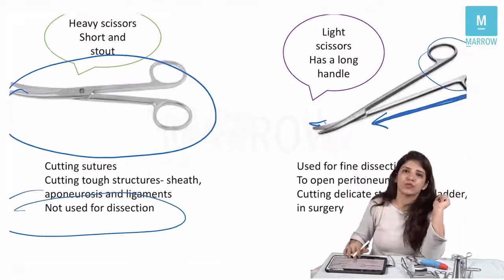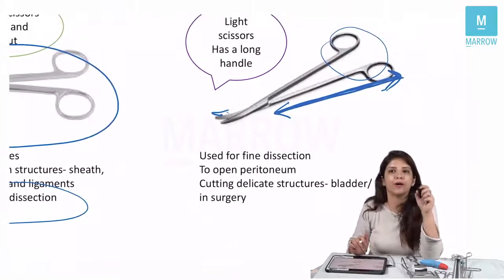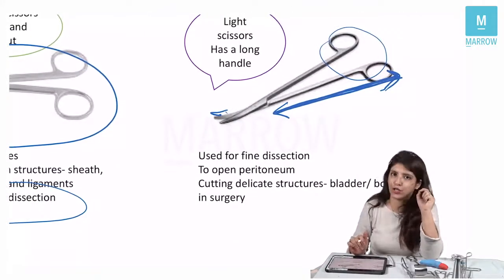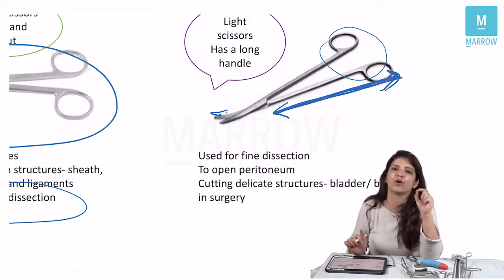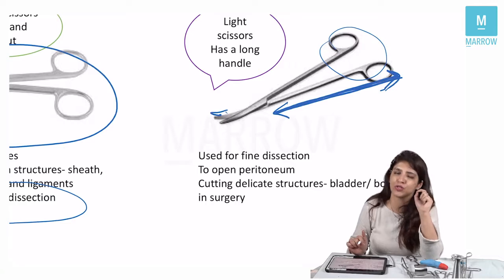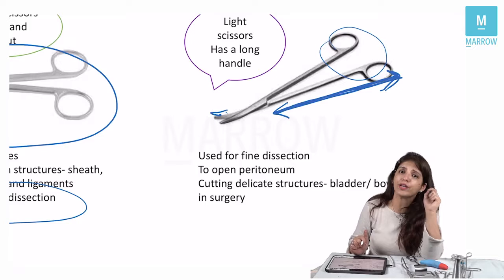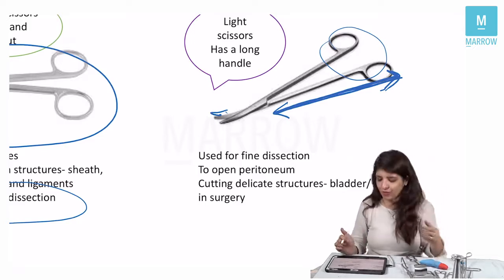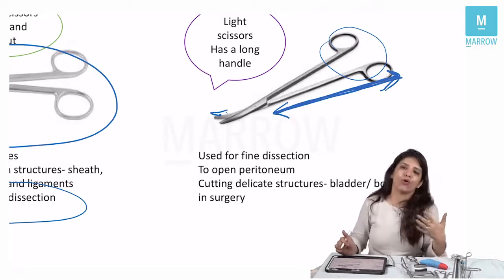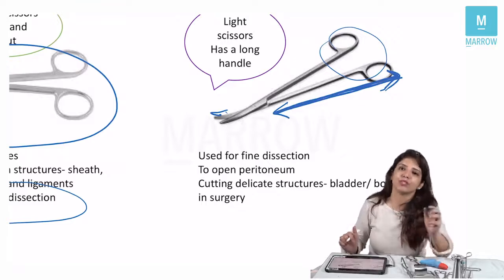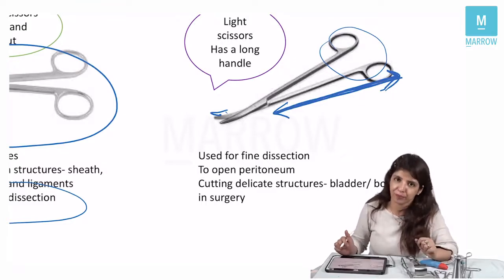Metzenbaum scissor is the scissor which is used for all fine dissections, and if you have to cut peritoneum, for delicate structures you are going to use Metzenbaum scissors, like peritoneum, or if you have to do fine dissections, or if surgeons have to cut the bladder or the bowel, then they use Metzenbaum scissors, right?